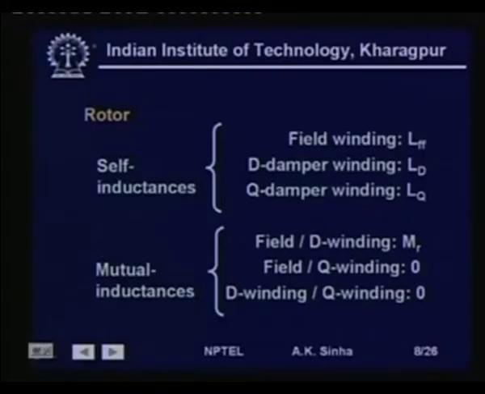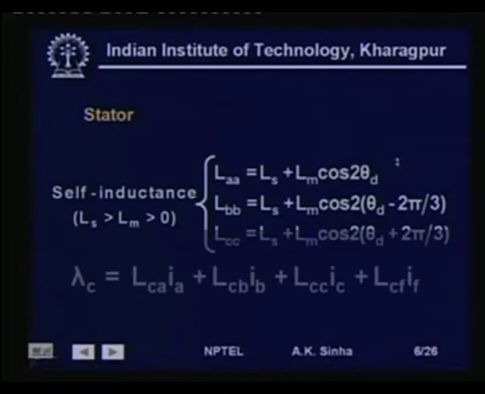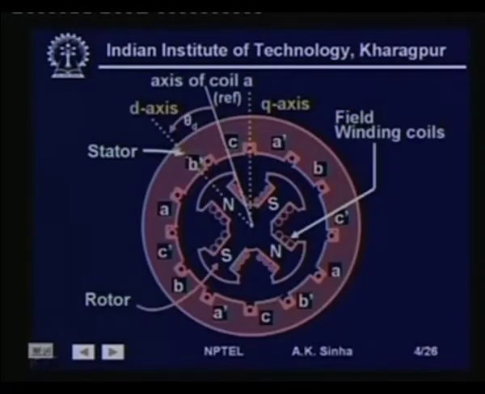Now, here we have also introduced some damper windings. Actually, most of the synchronous machines have a damper winding which is placed in the pole faces by embedding copper bars in the pole face and short circuiting them.